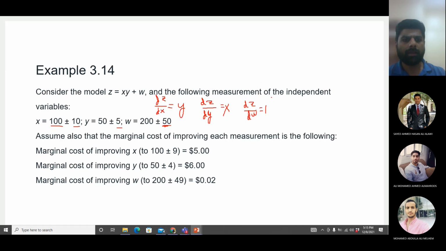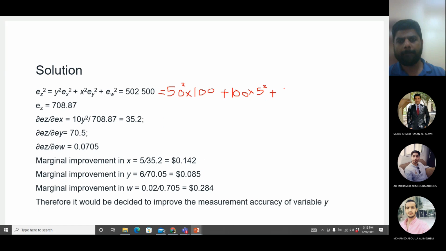Plus EW square, meaning the error of W, which is 50 square. Okay, so if you do all this, you will get 502,500. So this is a squared error term, and if you take the square root, you will get this.